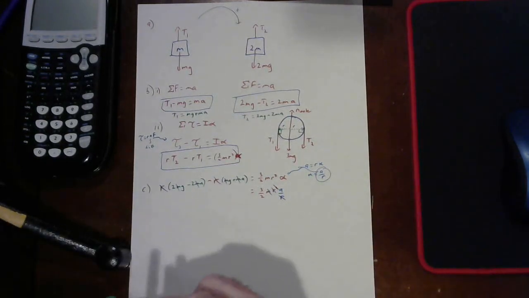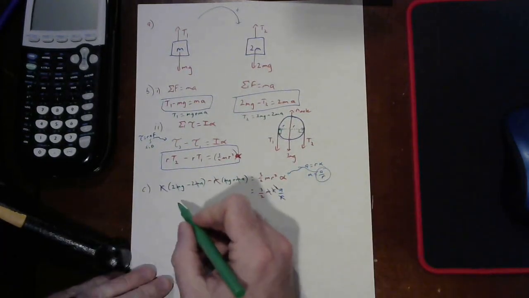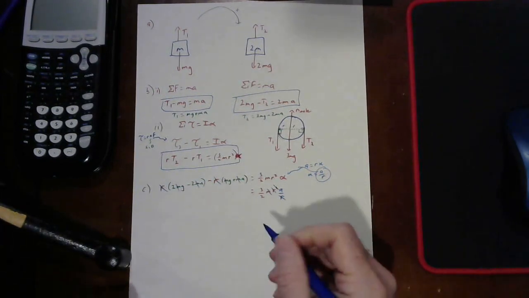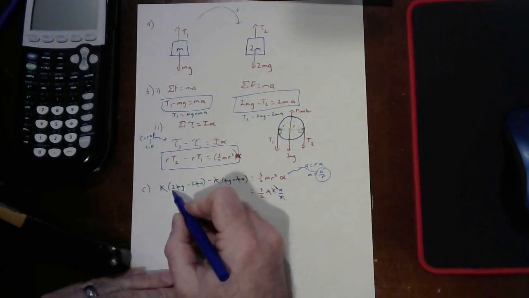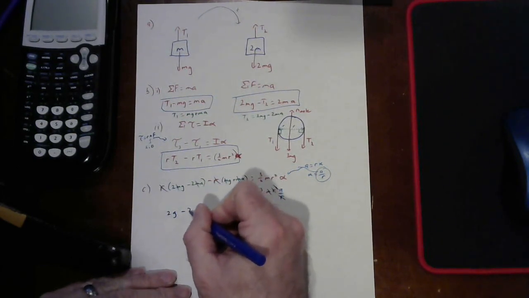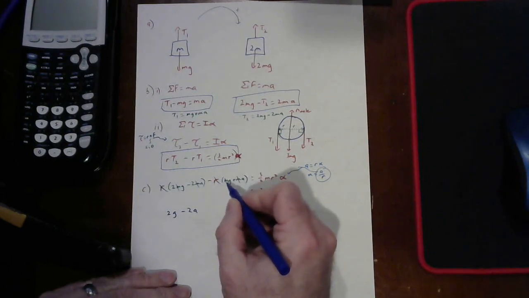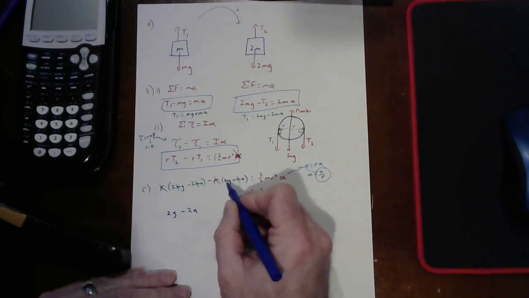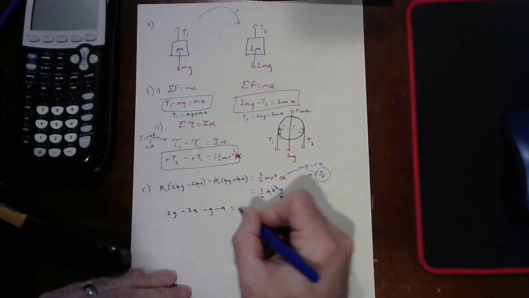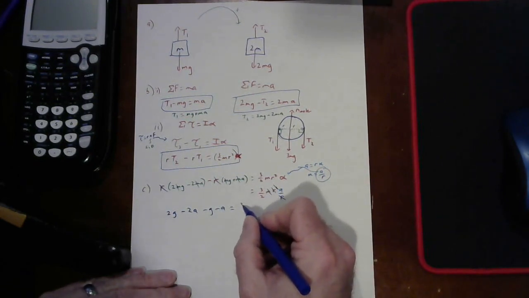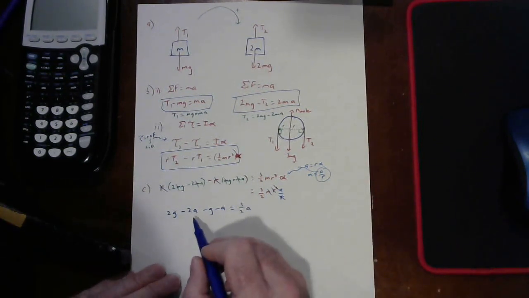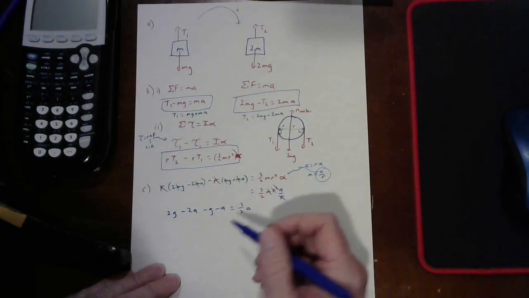All right. So we are tidying this up rapidly. Let's now see what we've got. After doing all that, I'm going to have 2g minus 2a minus, now let's distribute the minus to both terms, minus g minus a. On this side, I've got 3/2 a. Look at that. Look how simple this is becoming. Okay, so we want to get all the a's together.